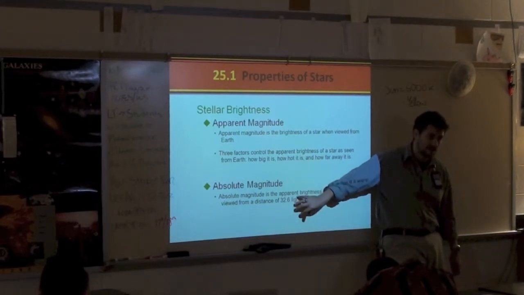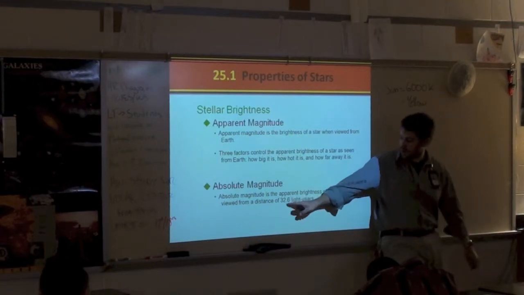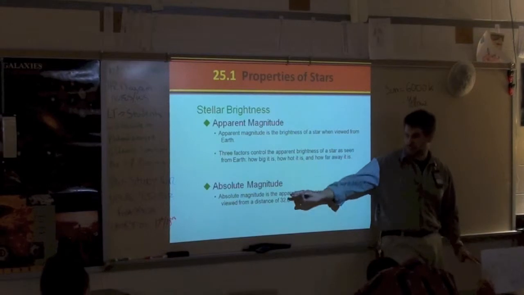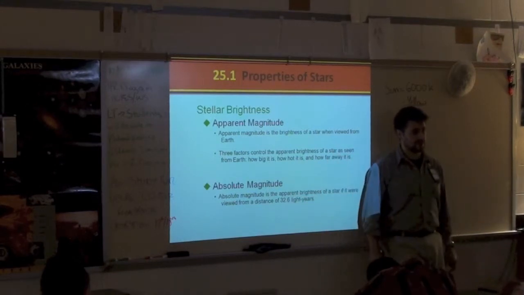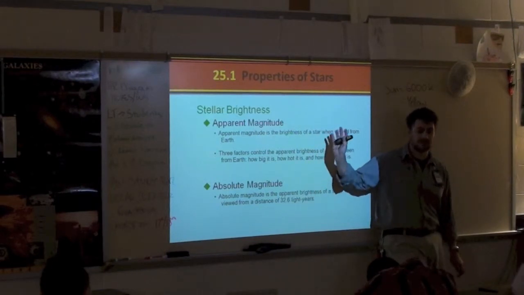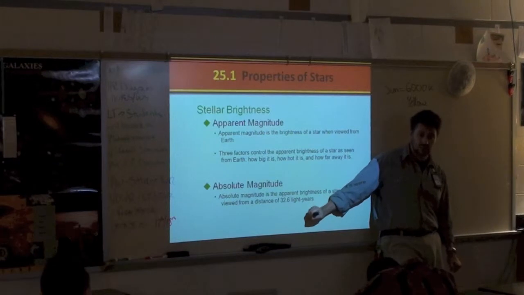So this is a way to quantify what actual brightness it has if we view all of them from 32 light years away. Pretty simple. Absolute magnitude: how bright is the star? We're not really going to get into the complexities of this. Just understand, absolute magnitude is how bright the star is.